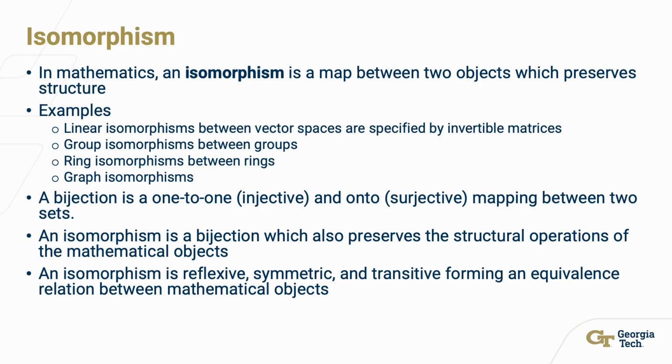To review, a bijection is a one-to-one and onto mapping between two sets. And an isomorphism is a bijection which also preserves the structural operations of that object. Isomorphisms are a type of equivalence relation, which tells us that two items which are isomorphic are very similar and are akin to equal or equivalent.